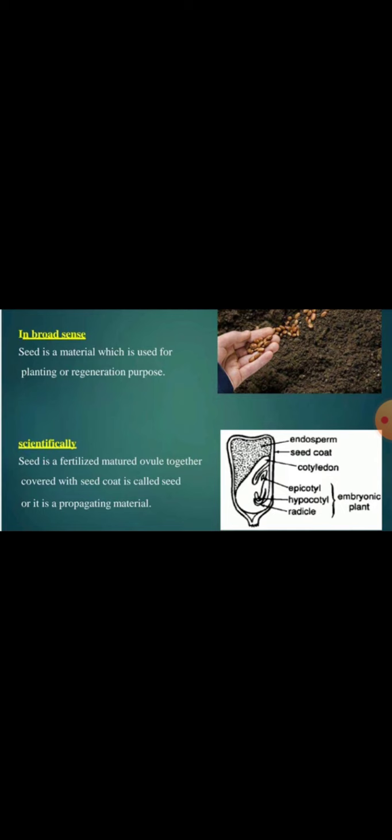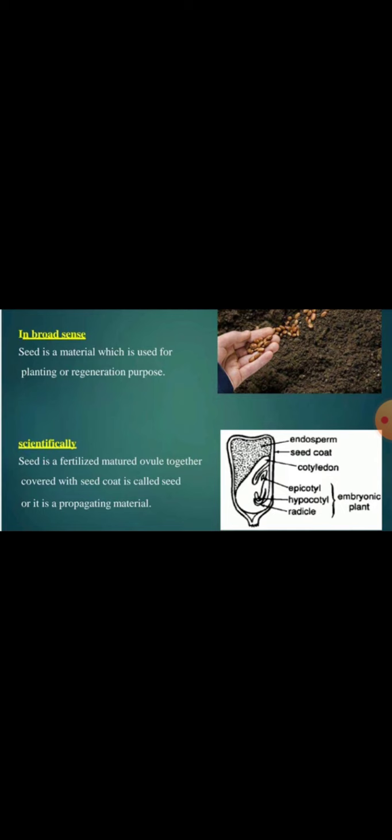In the broader term, seed is a material which is being used for planting purposes, and scientifically it is the fertilized mature ovule covered by the seed coat. Here in the diagram, the dark shaded portion at the top is known as endosperm, and the outer layer shown in the diagram is known as the seed coat.